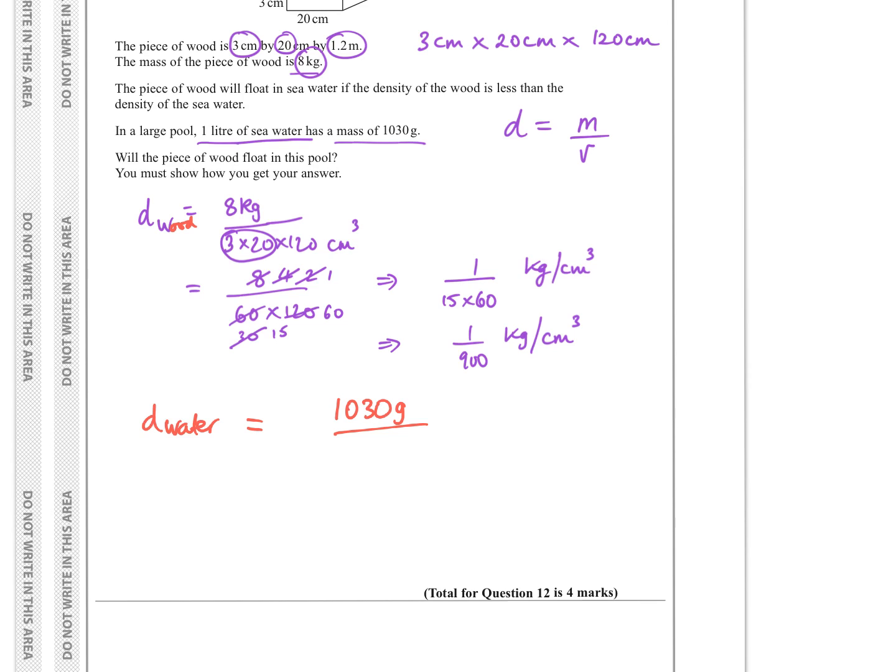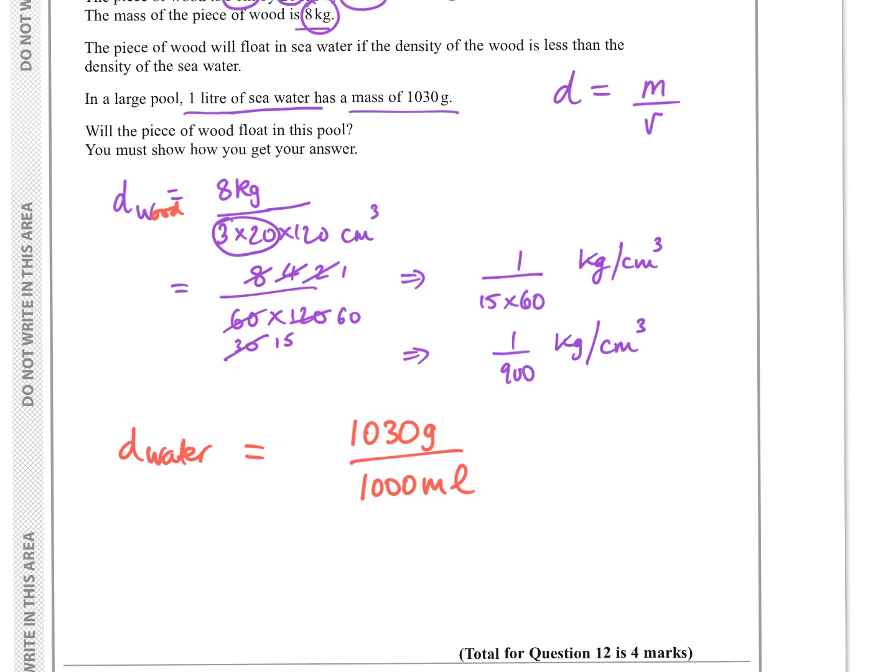Now, did you know that 1 litre is 1,000 millilitres? So what we can see from here is, I don't know if you know this, but 1 millilitre will be the same conversion as 1 centimetre cube. Okay, so 1 millilitre of water will be 1 centimetre cube's worth.